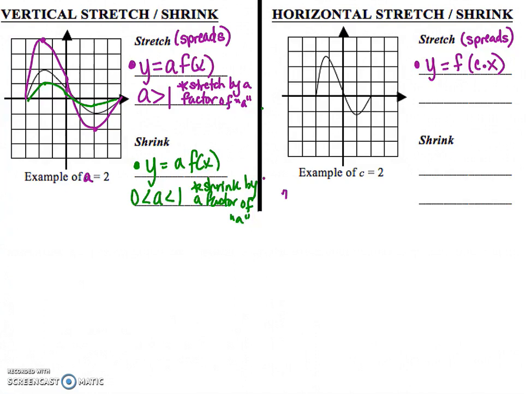And this is, again, opposite of what you would expect. So this is when C is between 0 and 1. This is the most confusing one to remember because you're going to have a stretch by a factor of 1/c. It's going to spread your graph out. So for this one, basically it's going to make everything twice as wide. The height isn't going to change. The width of your graph is going to change.